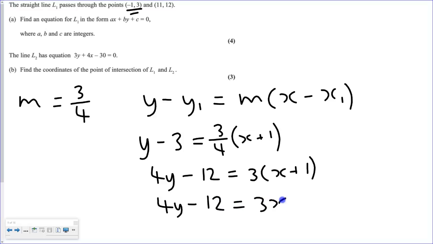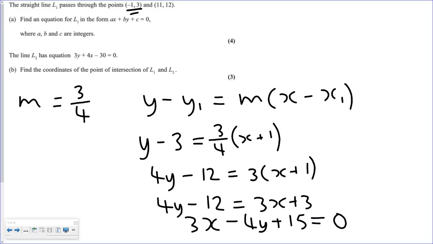Expand that bracket out. I'm nearly there. All I need to do is make sure it's in the form ax plus by plus c equals 0. So I'm taking 4y from both sides, and I'm also going to add 12 to both sides.